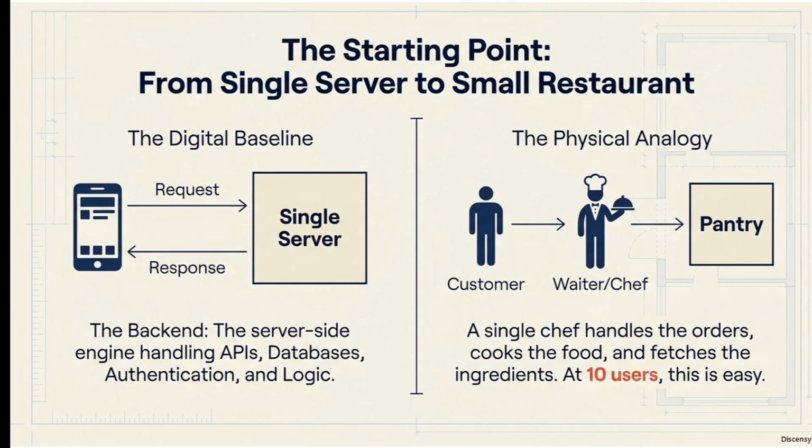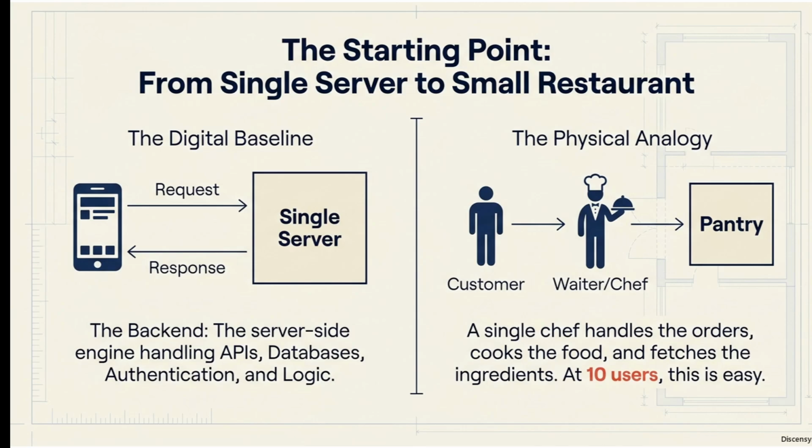If the customers are very few, the chef can handle it very easily. But what if many customers come to the restaurant and there are only one or two chefs? That is a bit difficult.